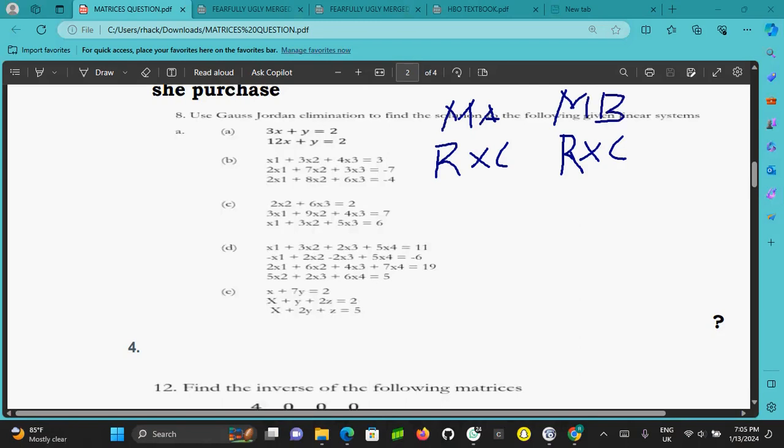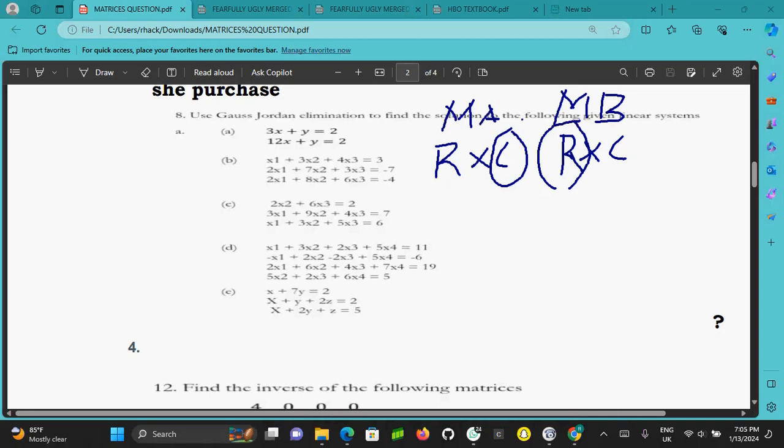So you check if the column of matrix A is equal to the row of matrix B, then they are compatible. We can multiply them. But if matrix A column is, let's say, 1, and matrix 2 row is, let's say, 3, then we cannot do the multiplication on them.